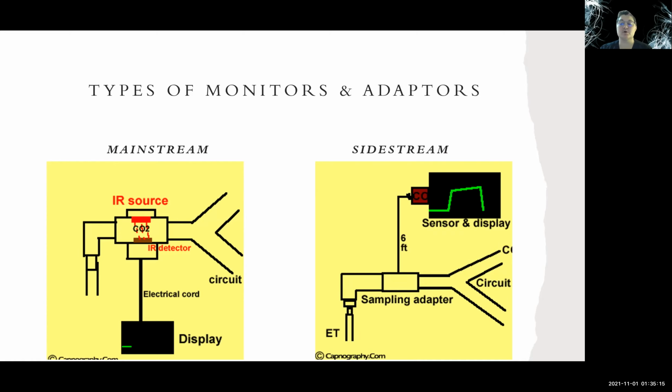Mainstream is where the CO2 sensor is located between the endotracheal tube and the breathing circuit. Again, we have advantages and disadvantages for both of these. The advantages of the mainstream sampling: there's no actual sampling tube, which means we can't have any obstructions. It has no effect if we have pressure drop.